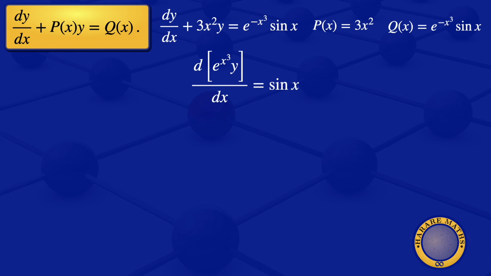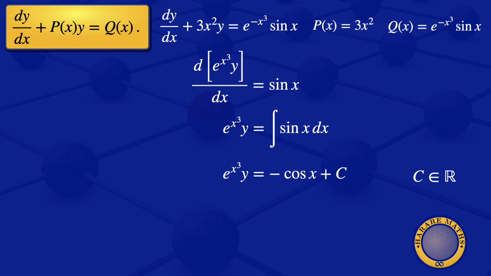Then for the right-hand side, it will give us the integral of sine x with respect to x. Then when we integrate sine of x with respect to x, it gives us minus cosine of x plus c, where the c there is a constant of integration.